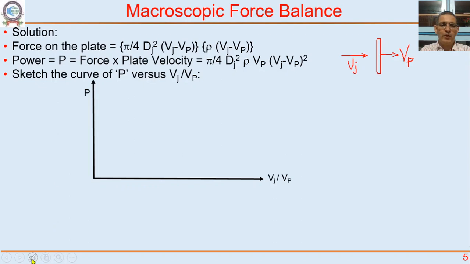And our control volume is like this. I will show you the control volume in a different color. Okay, this is our control volume. So if you want to find the force, what we need to do is find out the momentum per unit volume of the fluid entering the control volume and the rate at which fluid enters the control volume.